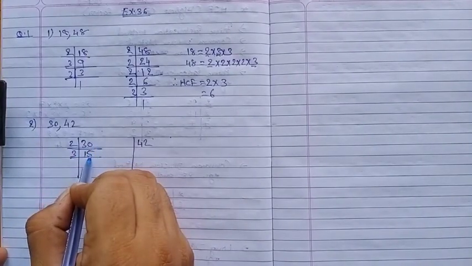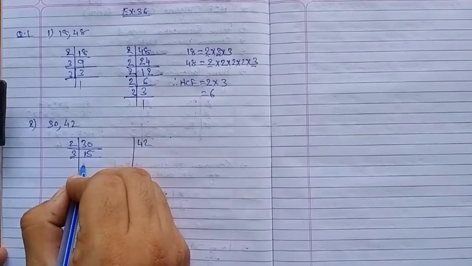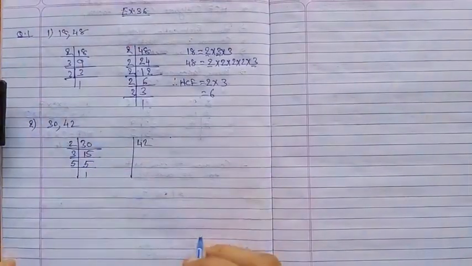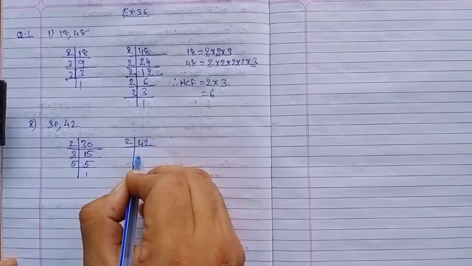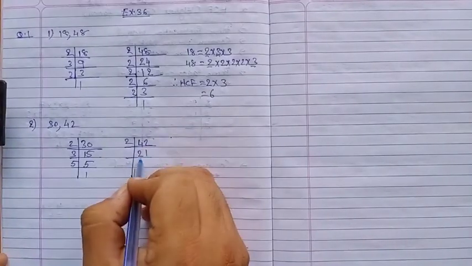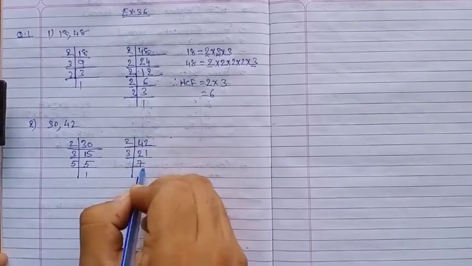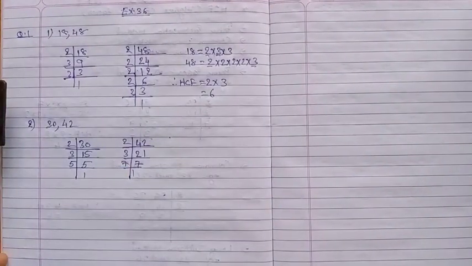The divisibility of 3: 1 plus 5 is 6, means it is divisible by 3. So 3 5s are 15 and 5 1s are 5. Now 21 by 3, so 3 7s are 21 and 7 1s are 7.